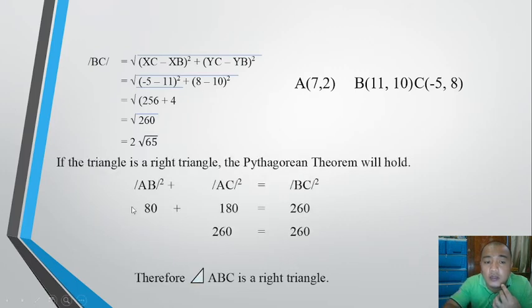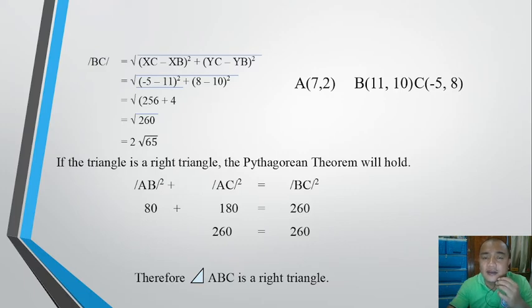The square of square root of 80 is 80, the square of square root of 180 is 180, and the square of the square root of 260 is 260. So add 80 plus 180, 260 is equal to 260. Since the Pythagorean theorem holds, therefore triangle ABC is really a right triangle.